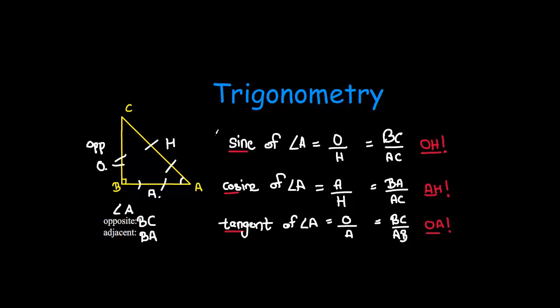So just for a recap, you can look at sine of angle A as opposite upon hypotenuse. Cosine of angle A is written as adjacent upon hypotenuse, right?